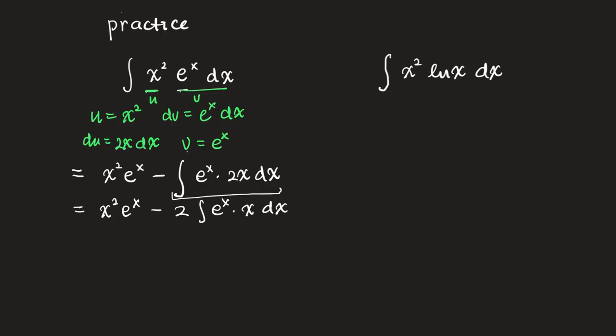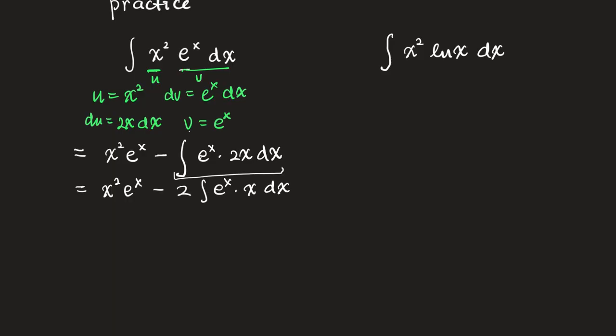We're gonna use integration by parts one more time, guys. Look at this one. What is gonna be u? x. dv gonna be e to the x dx, du gonna be dx, v gonna be e to the x.